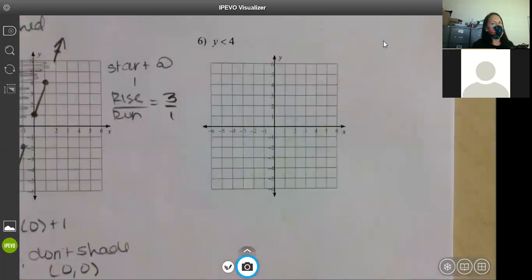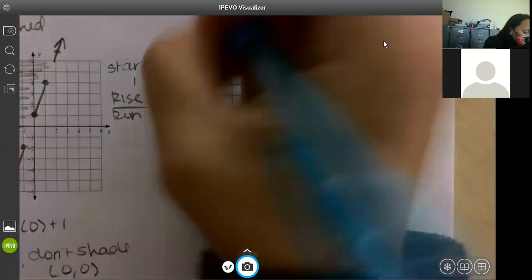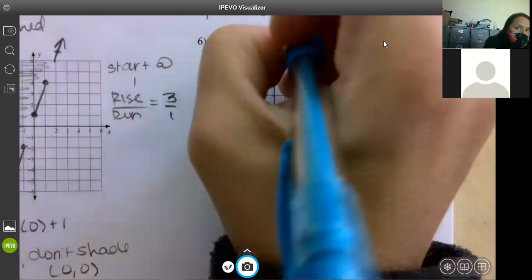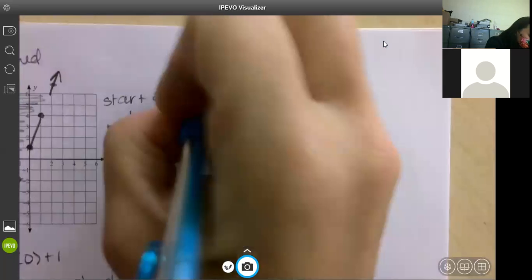How do I graph this? Do y'all remember how to graph these? Mm-hmm. So y equals a number is a horizontal line. Remember that x equals a number is a vertical line.